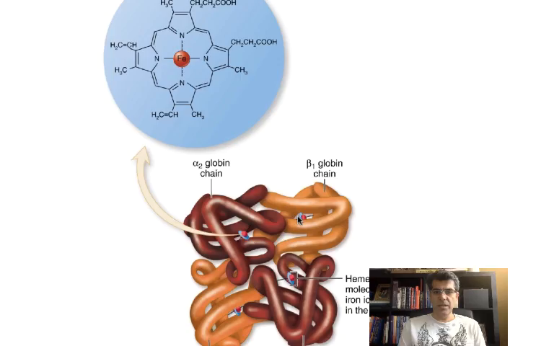So 1 hemoglobin carries 4 oxygens because it has 4 irons. That's why the most common cause of anemia worldwide is iron deficiency anemia. Lack of iron inhibits production of hemoglobin, and if you don't have enough hemoglobin, you cannot carry enough oxygen. Also, it is important for you to understand that hemoglobin can carry some CO2 as well.